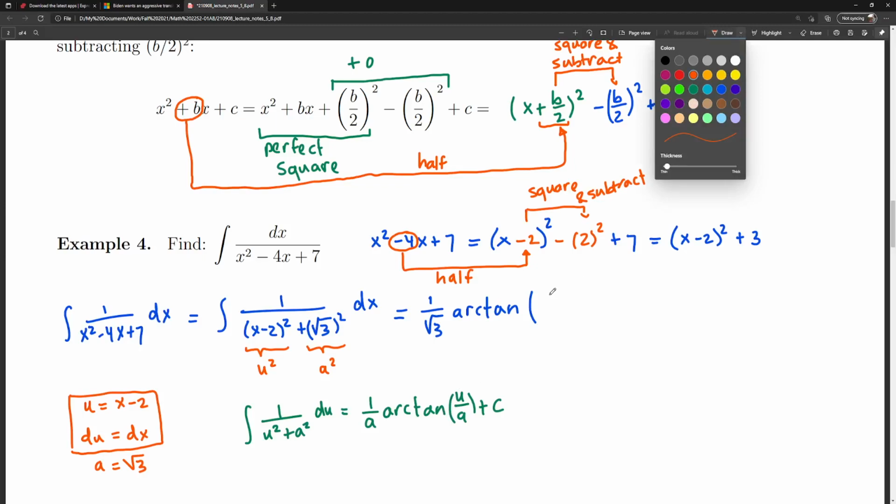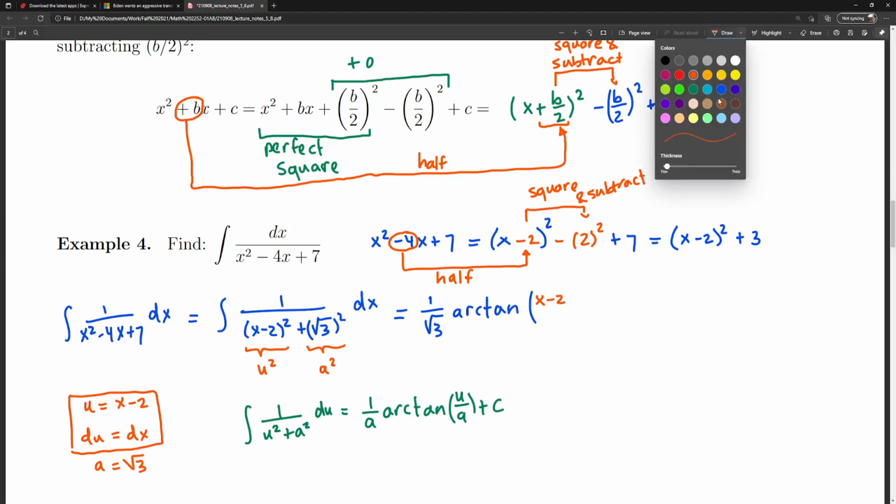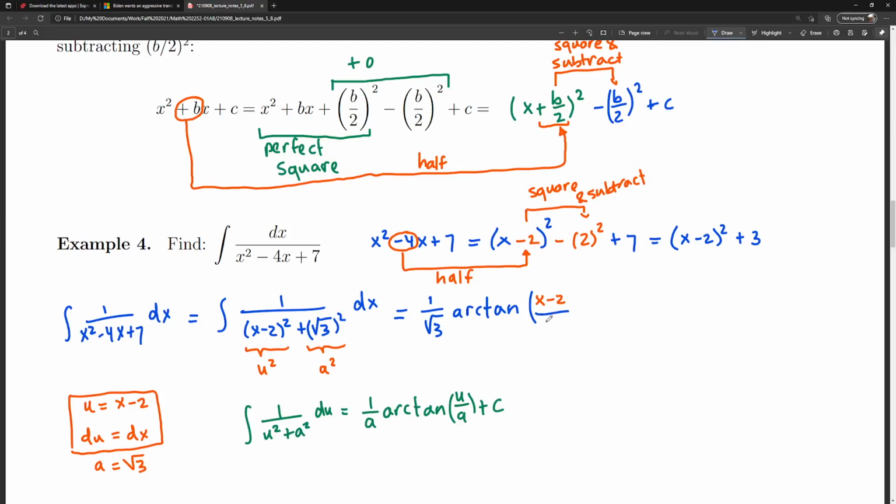So we have x minus 2, and then we divide that by square root of 3, and then plus c. So that is our final answer. Again, do not worry about getting that square root out of the denominator. If you leave your final answer like that, it will get full credit.